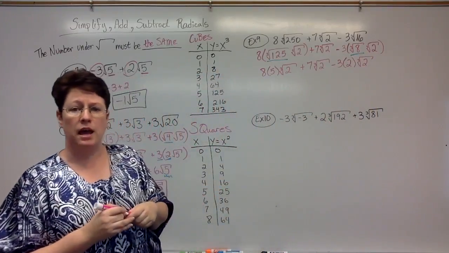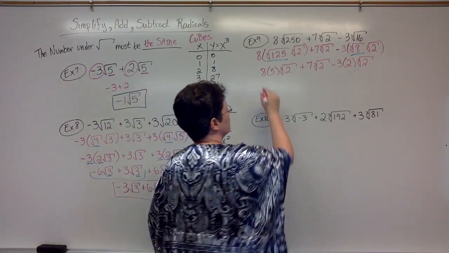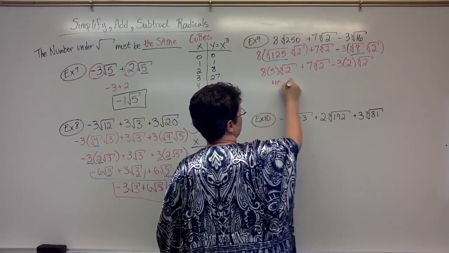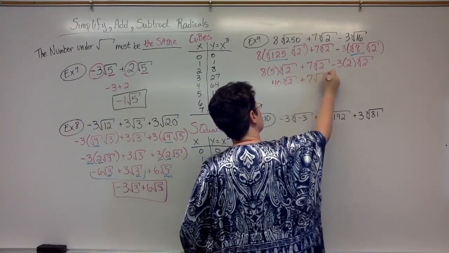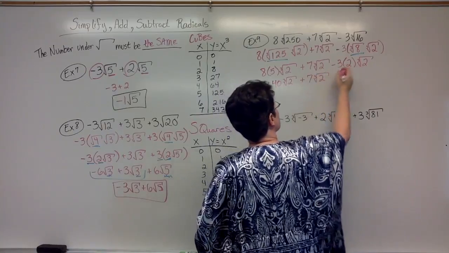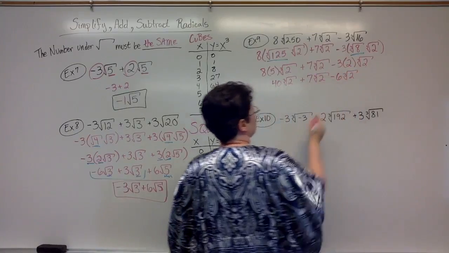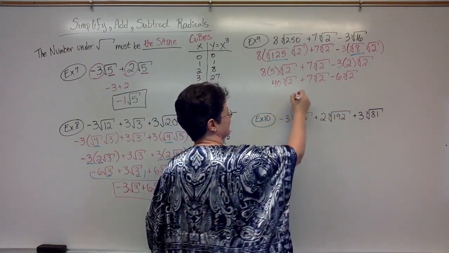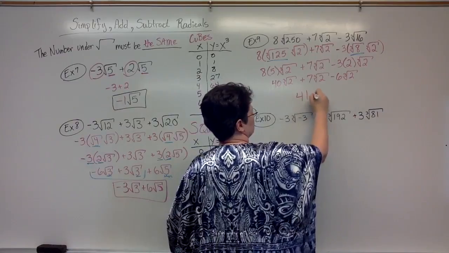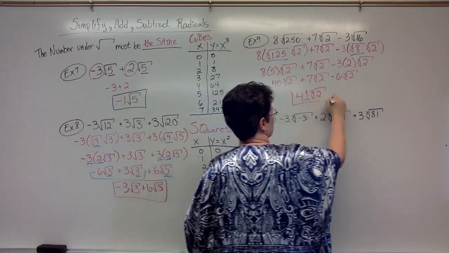Do my roots match? Yes, but I have to finish multiplying what's out front first. 8 times 5 is 40. That's just 7. And 3 times 2, that's going to be negative 6. Okay? So 40 plus 7 minus 6 is 41. So 41 cube root of 2.